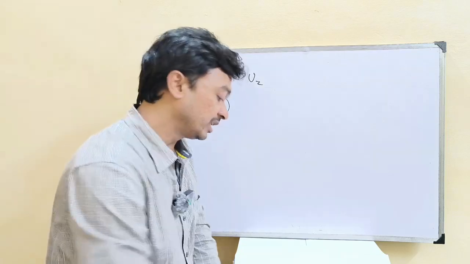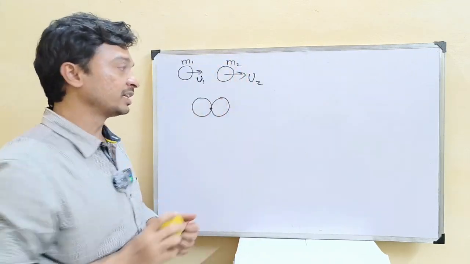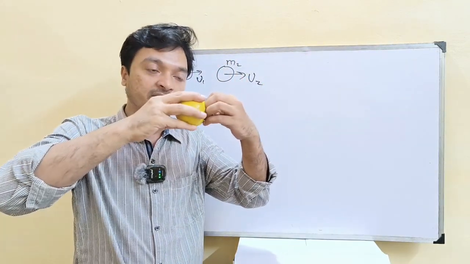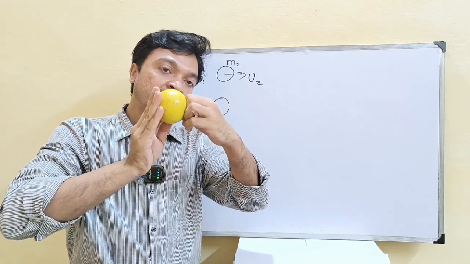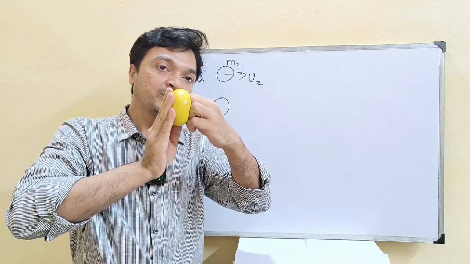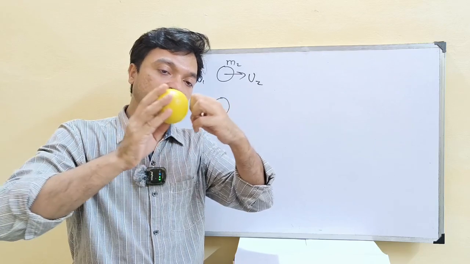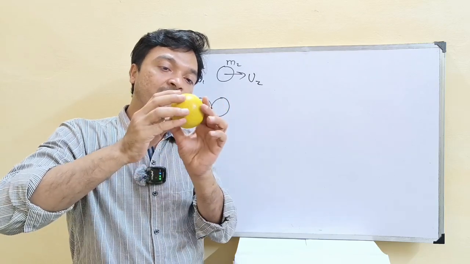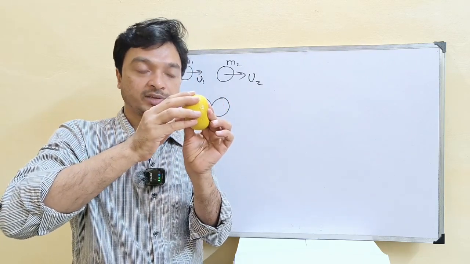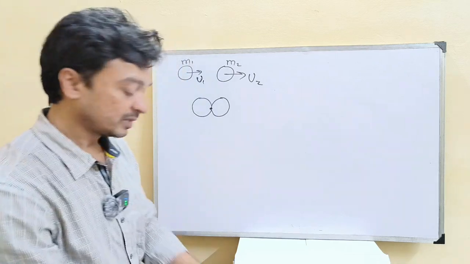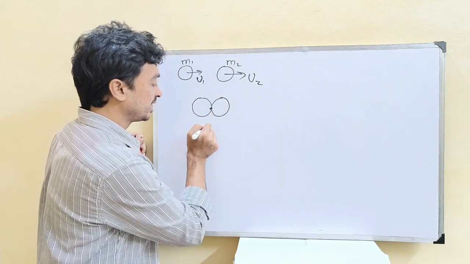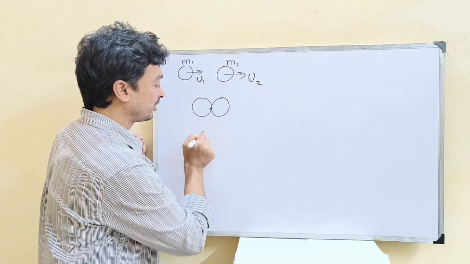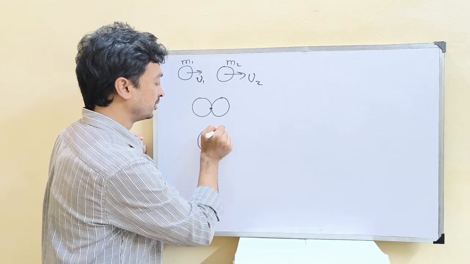So what happens, both objects are moving and they collide, right? When they collide, now see what happened, there will be deformation in the body. At the time of collision there will be deformation in the body, that means there will be a change of shape of the body.